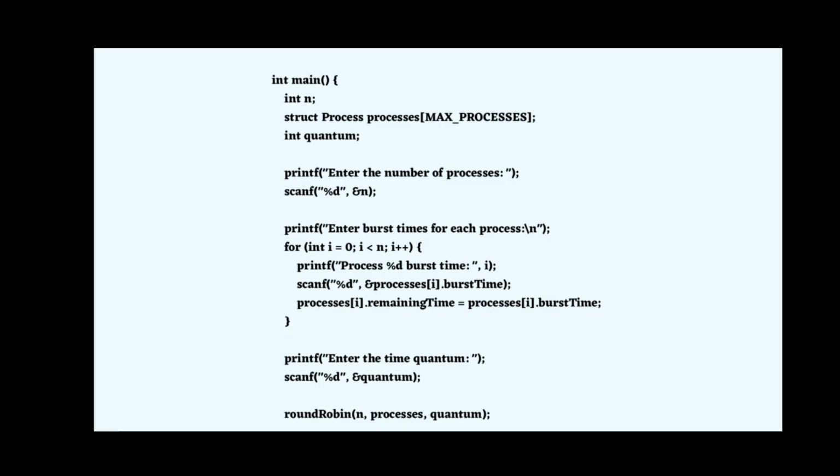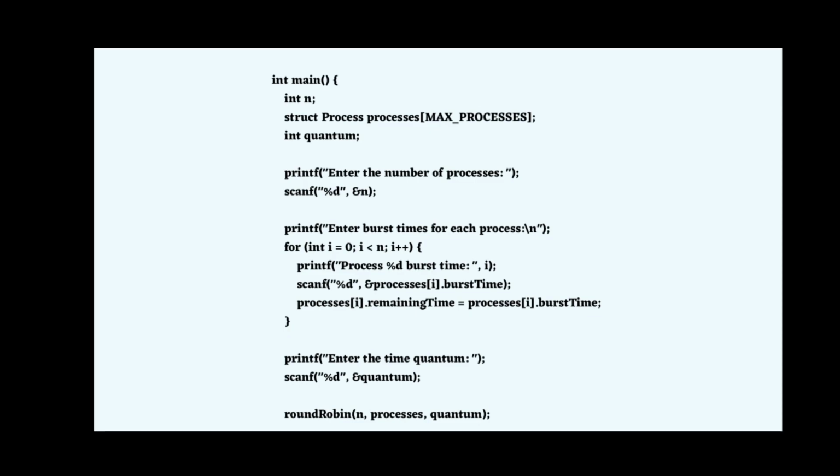For this we will create a loop for burst time from 0 up to the number of processes. For this we will create the loop for int i equal to 0, i less than n, i plus plus. Under this loop we will printf process %d burst time, i.